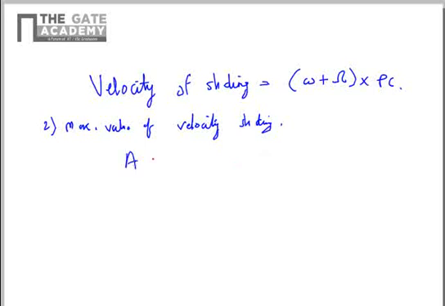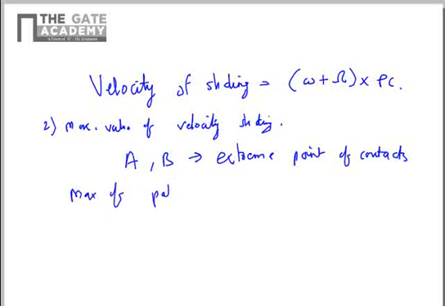So PC is the distance between the point of contact and the pitch point. The extreme points of contact are A and B, where A is the point where the engagement takes place, and B is the point where the gear tooth leaves the engagement. So we will have to find the maximum of path of approach or recess. Among these two, which one is the maximum value?